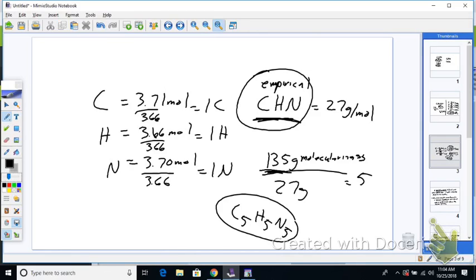You get 27, and then it gives you a whole number that you can multiply all your subscripts by. So C5H5N5. And that is that protein that is part of RNA and DNA. Adenine. Okay? That's what it would be. Questions you guys have?